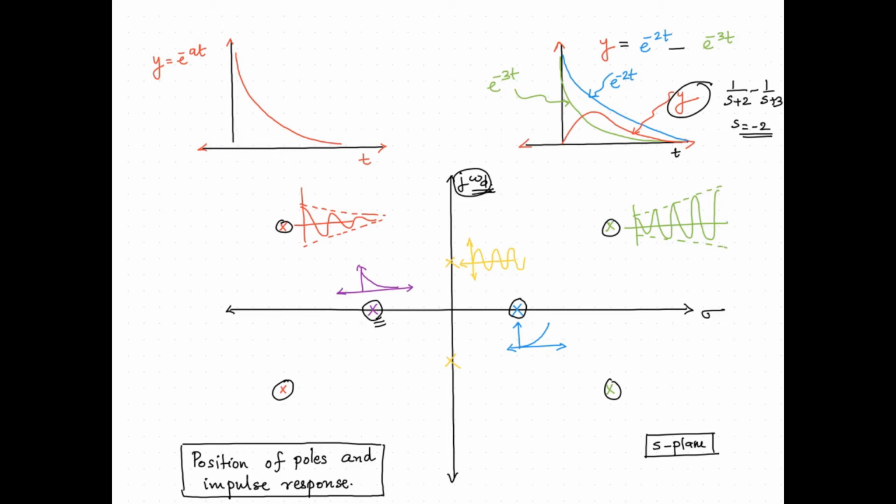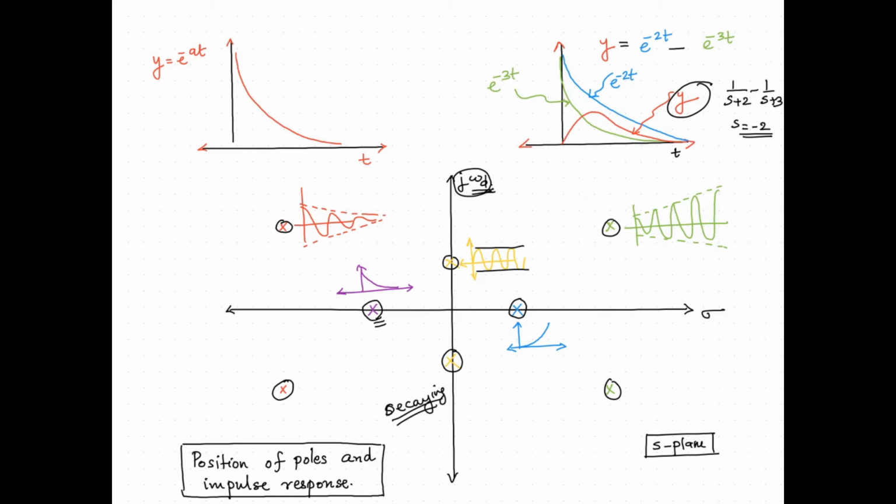If it has a complex number, definitely there will be some oscillations also associated with the response. And in the case when the poles are on the imaginary axis, there will not be an exponentially increasing or decreasing envelope. It will be purely sustained oscillations just because it has pure frequency component alone. So, to the left side, if the poles appear, we can say the response will be decaying.